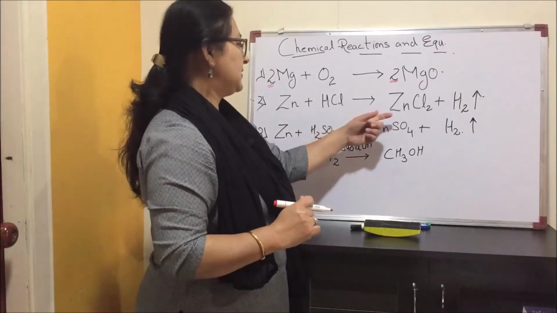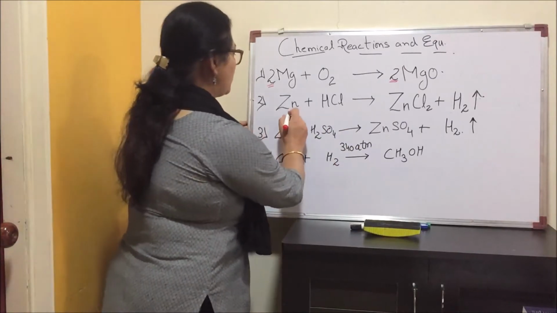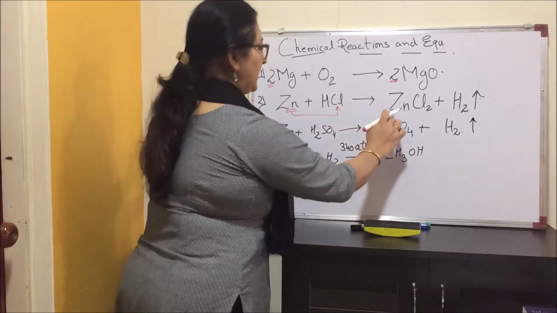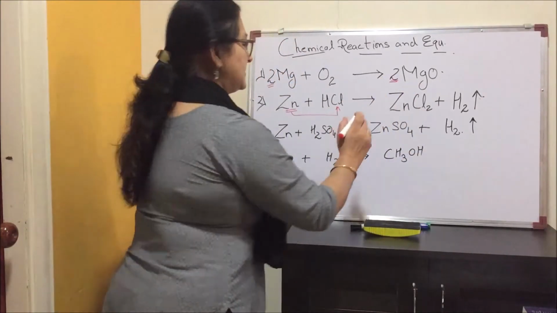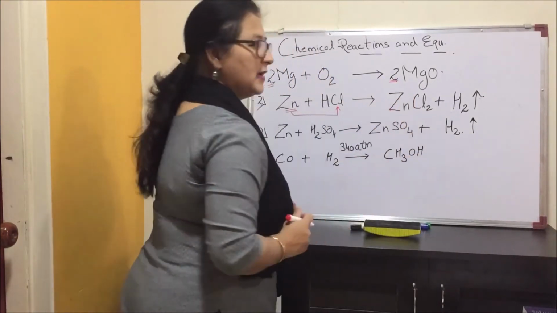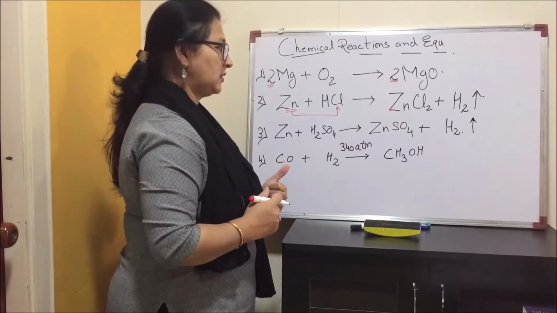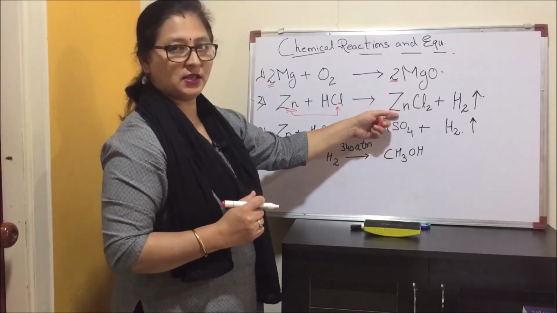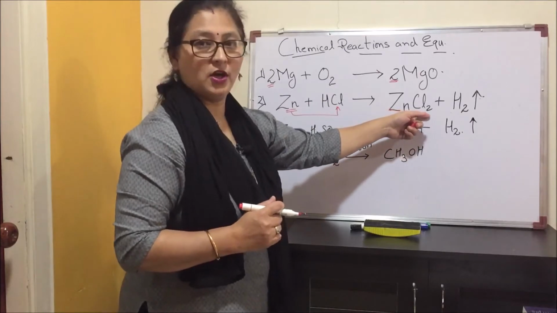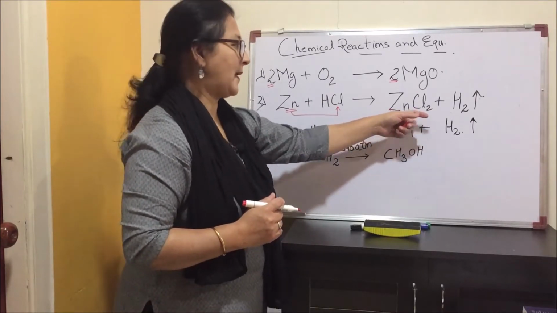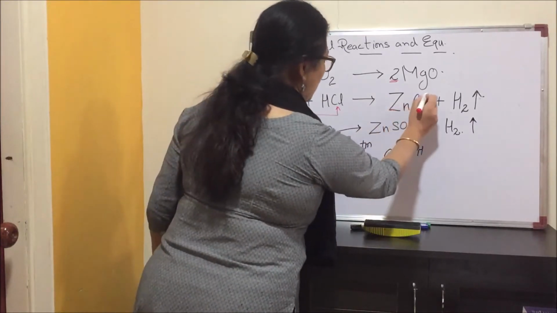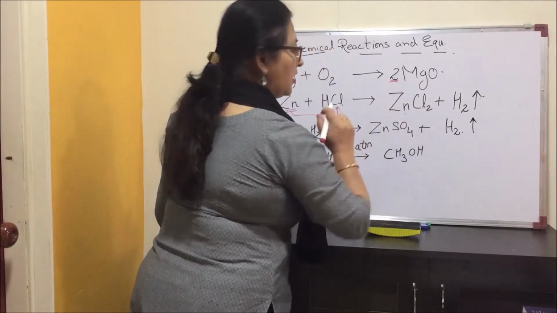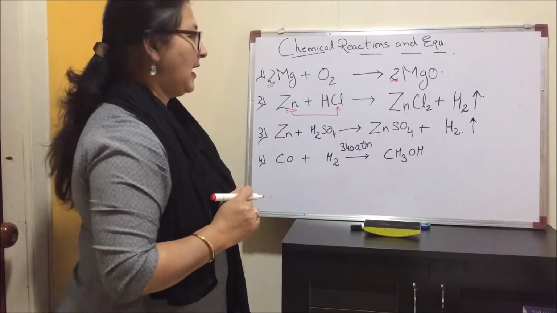In this reaction, when zinc reacts with chlorine, you get zinc chloride, ZnCl2. Here a very important thing is you should know the valency of zinc. The valency of zinc is 2 plus and the valency of chloride is 1 minus. So the chloride valency will come here, and the zinc valency will go under the chloride.